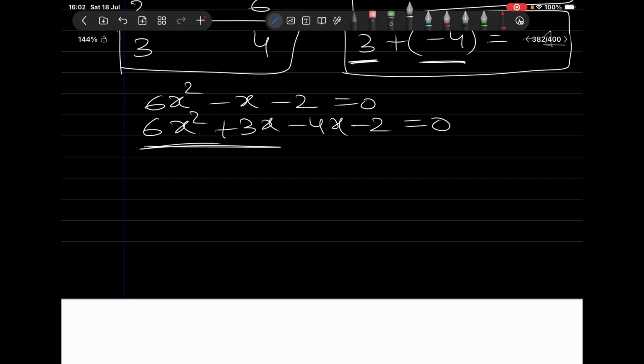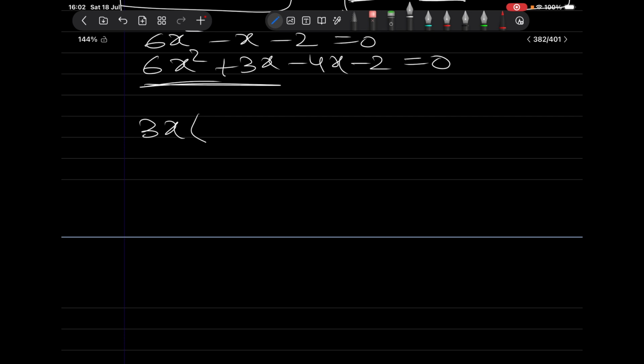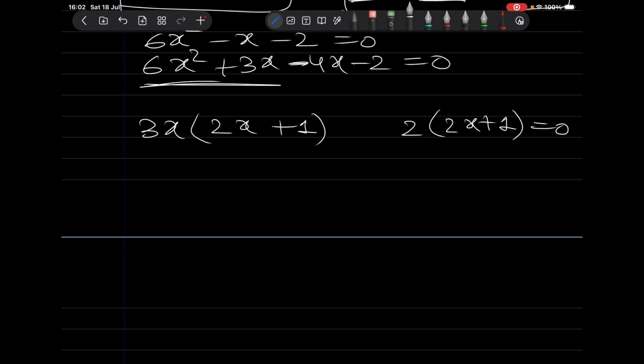If I take the common from the first two terms, I can take 3x common, remaining is 2x plus 1. We will write 2x plus 1 as it is. If I want 4x, we will multiply with 2, and I want the minus sign. So minus into plus is minus.